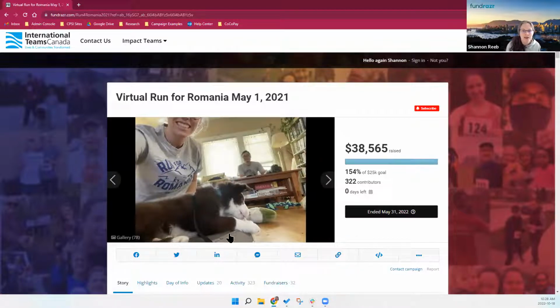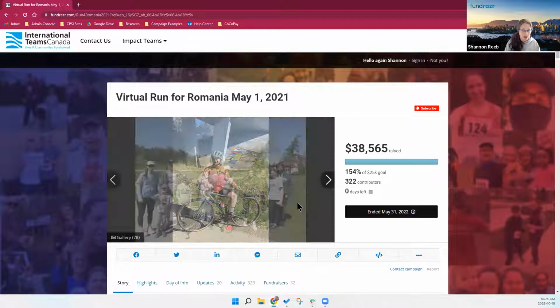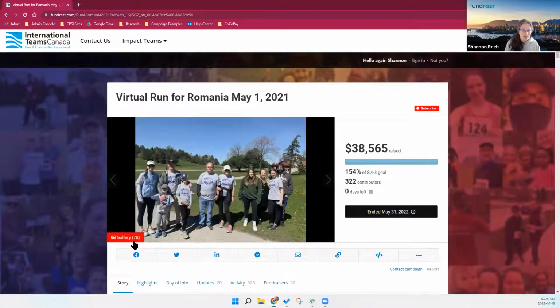Everyone took pictures and then uploaded them to their sub-campaigns. And this gallery here on the main campaign brings all of those pictures up into one gallery that they turned into a slideshow. So you can see we've got 78 pictures and videos that people have uploaded onto their sub-campaigns that were automatically brought up into this gallery.